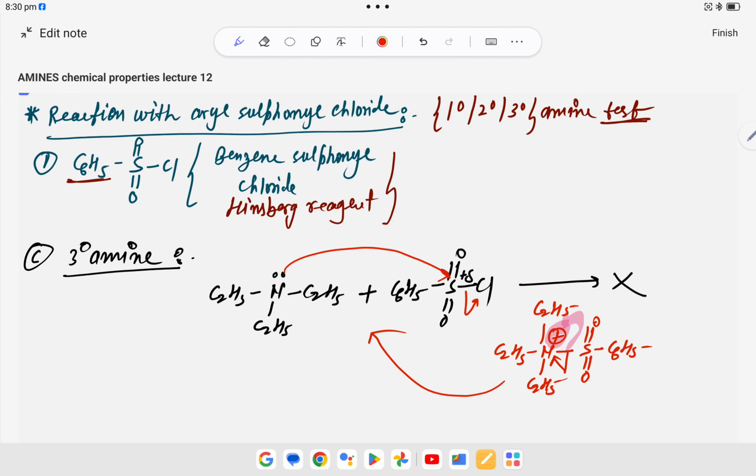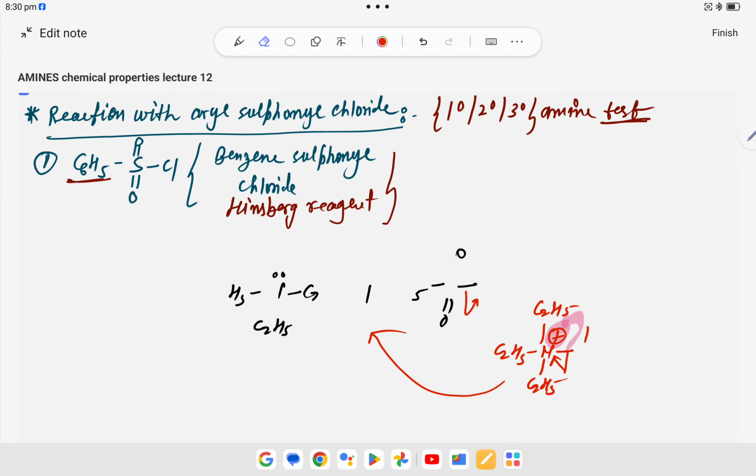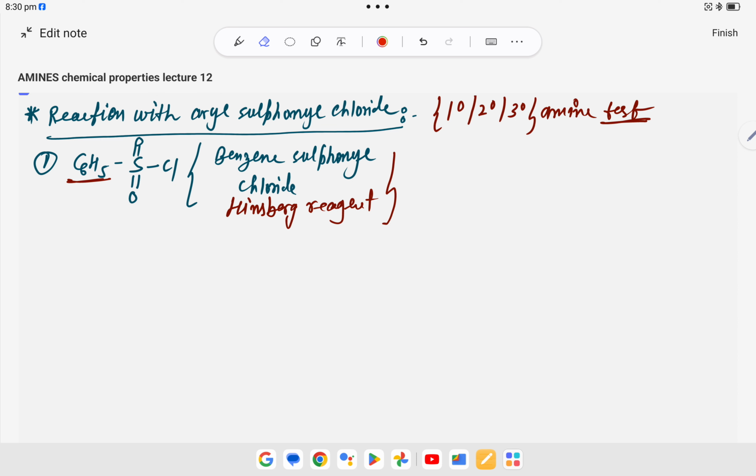Once again I am repeating. 3 degree, no reaction. 2 degree, reaction is possible but it does not dissolve. I think there will be one confusion in 2 degree amine, so check it one more time.